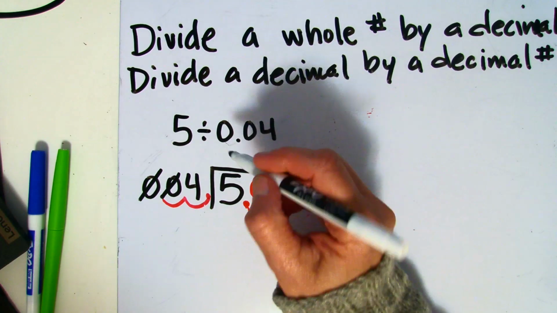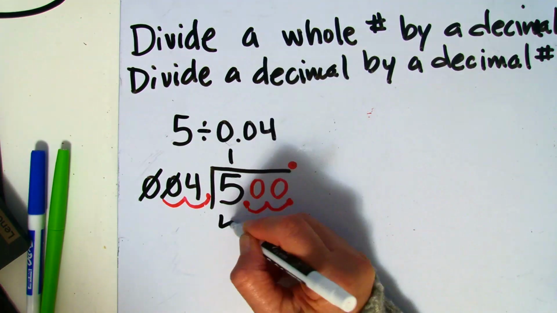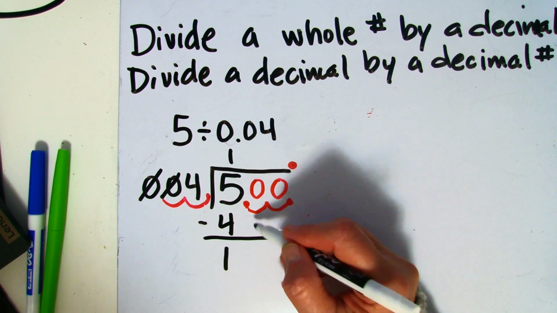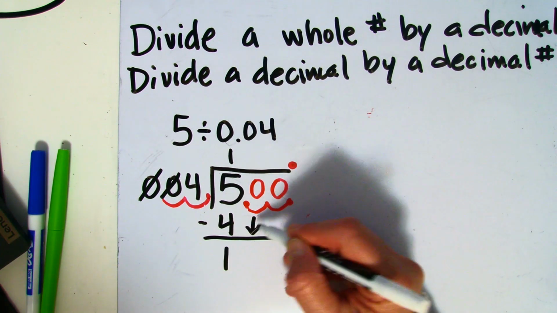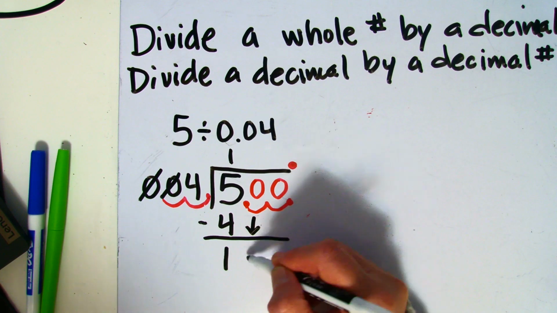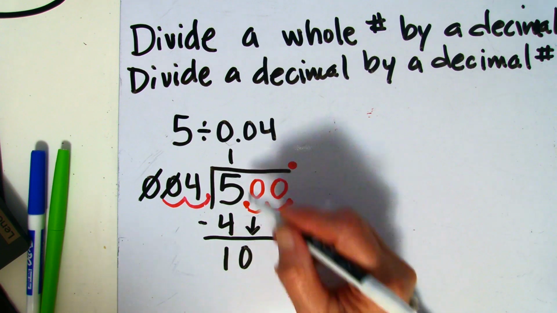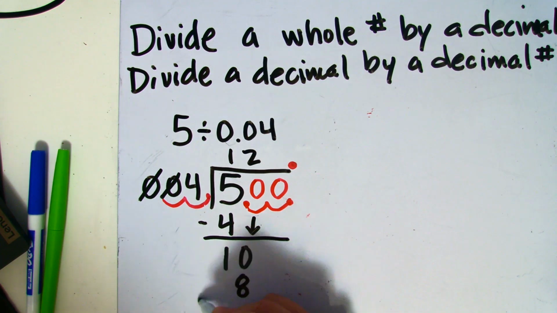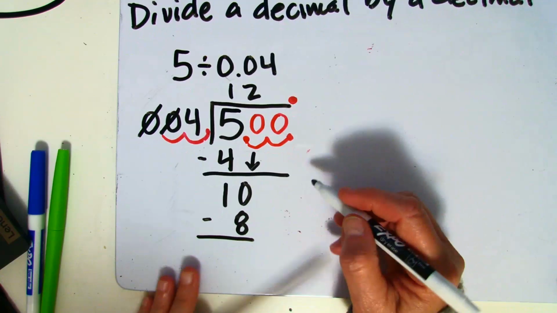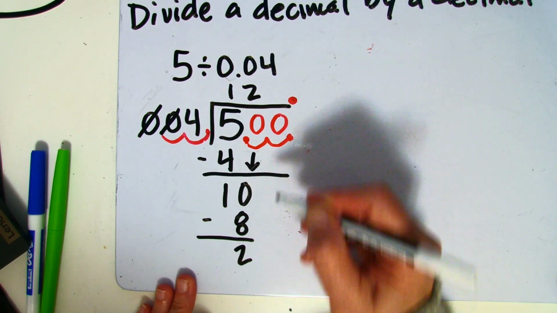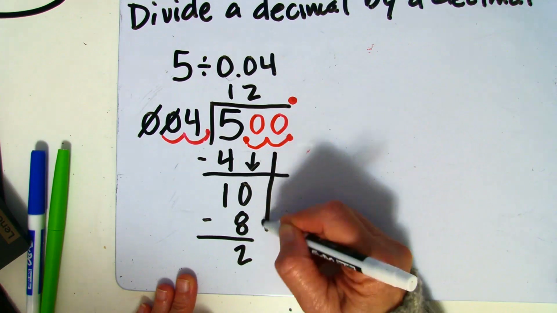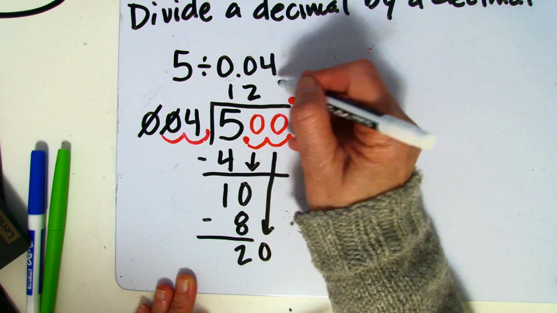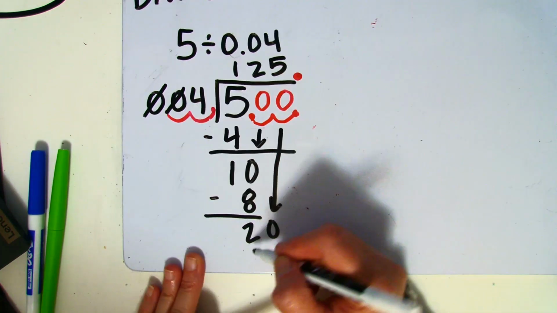Four goes into 5 one time. When I take the difference, I get 1, and I need to bring down the 0 of the next digit. 4 goes into 10 2 times. That's going to give me 8. And when I subtract, I get 2. I want to bring down the next 0. 4 goes into 20 5 whole times.